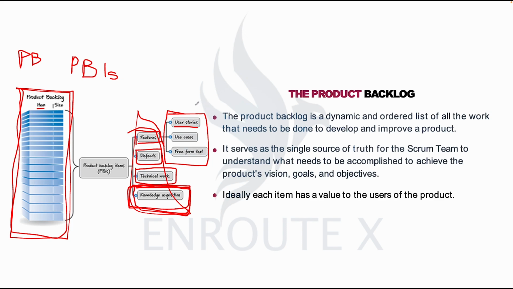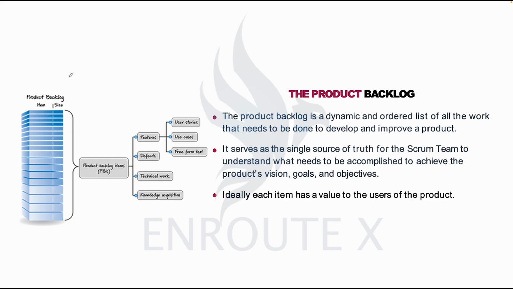So all these things would end up in your product backlog, and they would form what we call the product backlog item. So the product backlog is a dynamic and ordered list of all the work that needs to be done to develop and improve a product.